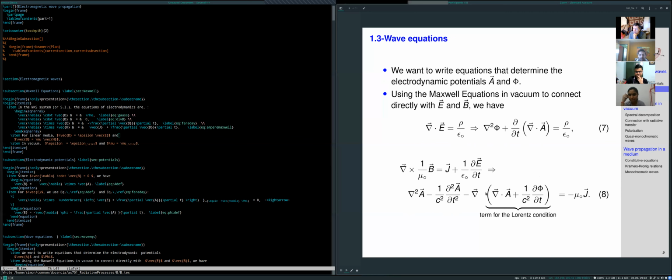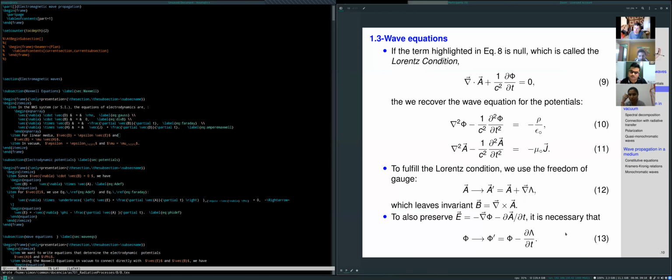This is the gradient of this expression, which we might call the Lorentz term. If this Lorentz term is 0, then both phi and A fulfill wave equations with a source term, okay?